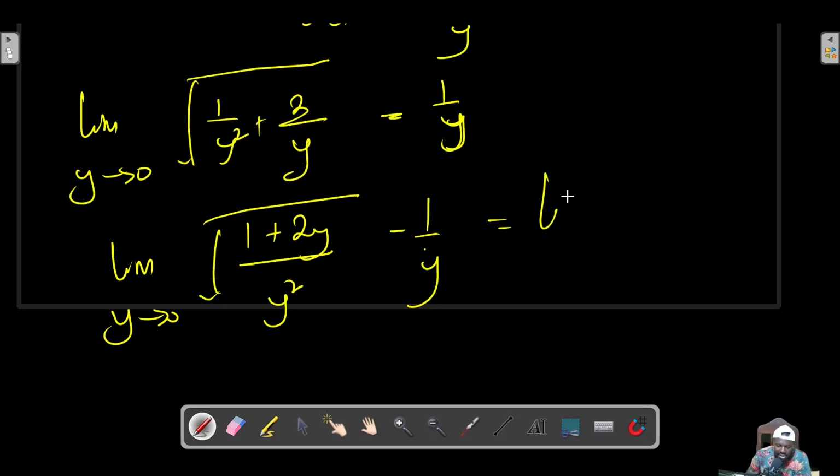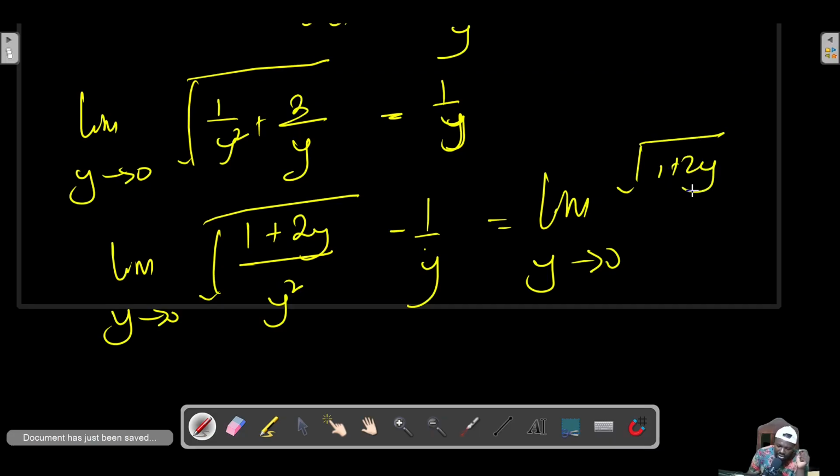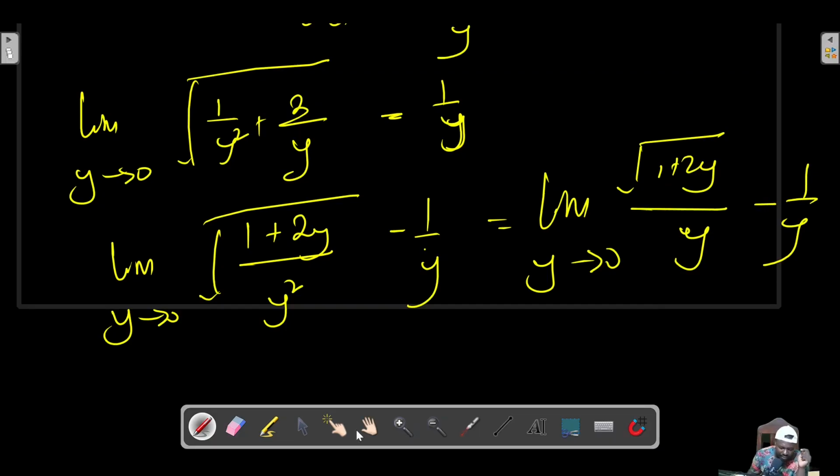I can write this as the limit as y approaches 0. You see, I can write this expression as the root of 1 plus 2y all on the root of y squared. Now if I take the root of y squared, what do I get? y. So I can write this as root of 1 plus 2y divided by y, minus 1 over y.